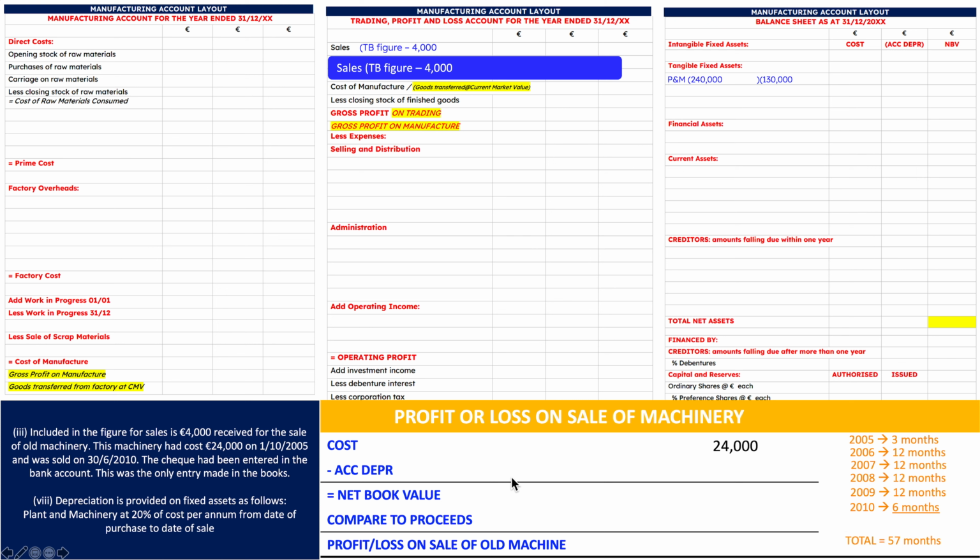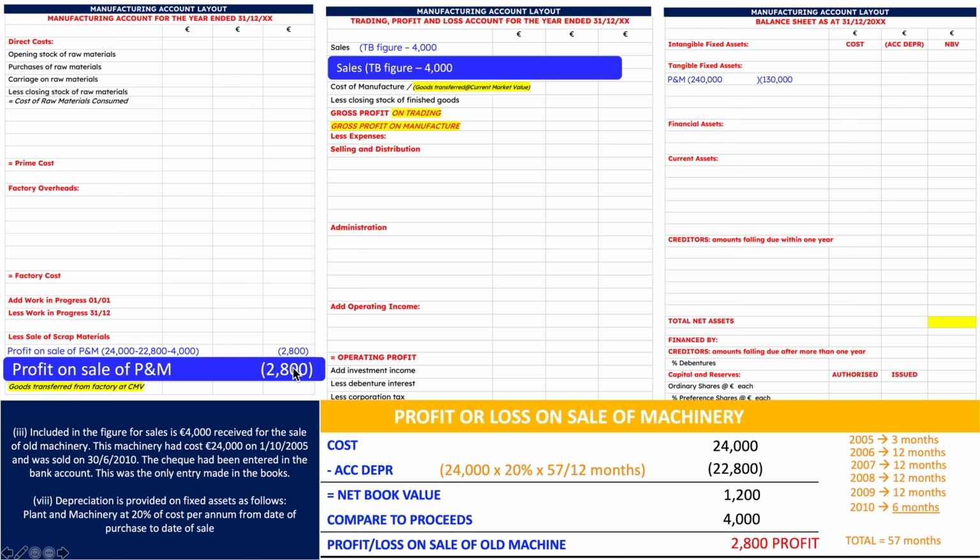So this is how we'll calculate the accumulated depreciation then. 24,000 by 20%, because that's the rate of depreciation, by 57 over 12 months, and that is €22,800. So the net book value of that plant and machinery at the time of sale was €1,200. If we compare it to the proceeds that we got, which was 4,000, that means we made a profit of 2,800, which we will put here under sale of scrap materials.